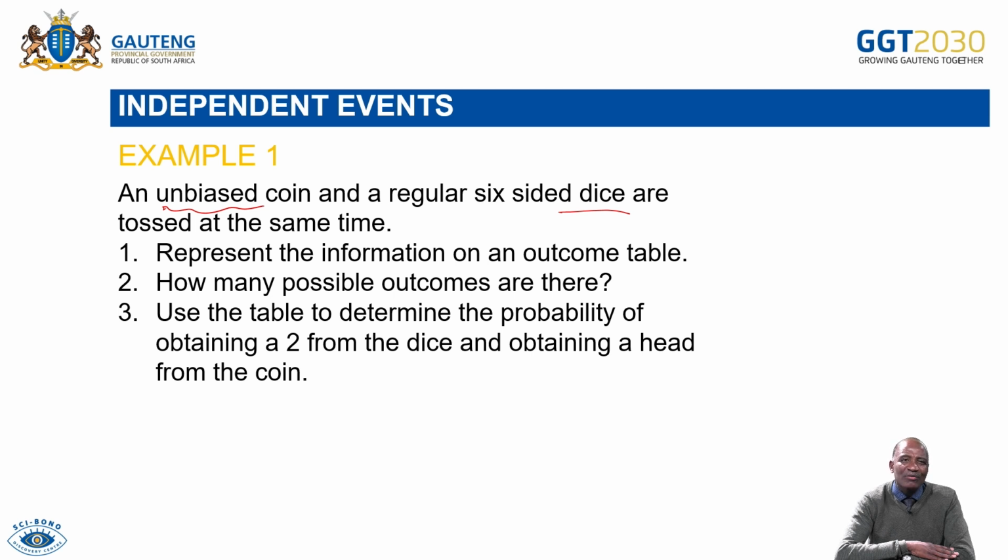Remember, all coins have got two sides, either a head side or a tail side. So if your coin is biased, when you toss it at any given time, the outcome will always be predictable, meaning the outcome can either be a head throughout or a tail throughout. Such a coin cannot be used in probability.